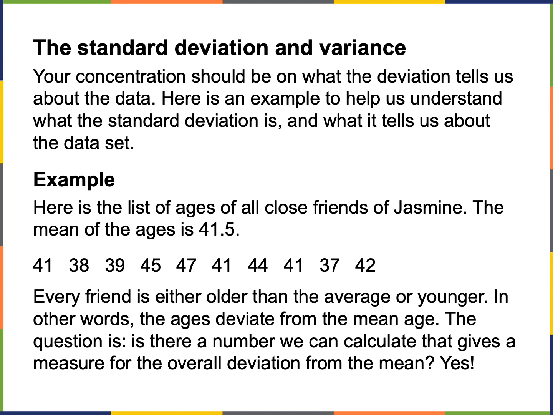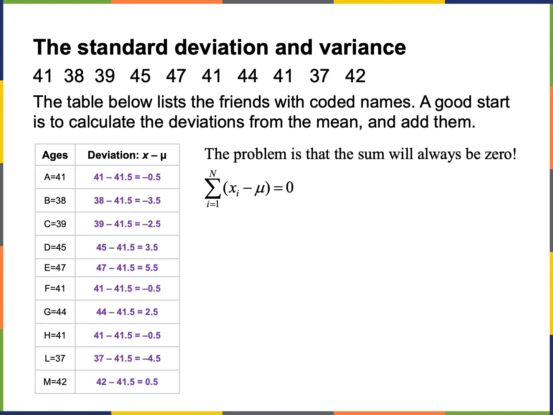So the question is, is there a number that we can calculate that gives us a measure for the overall deviation from the mean? And the answer is yes. It's basically like we take all this data and we have the average, and we want to know how far apart it is stretched out overall. We're going to build up to that, and we do this with the standard deviation. But this is the beginning.